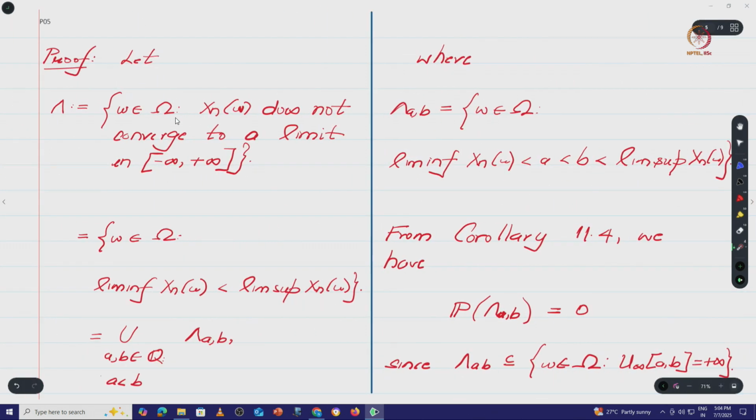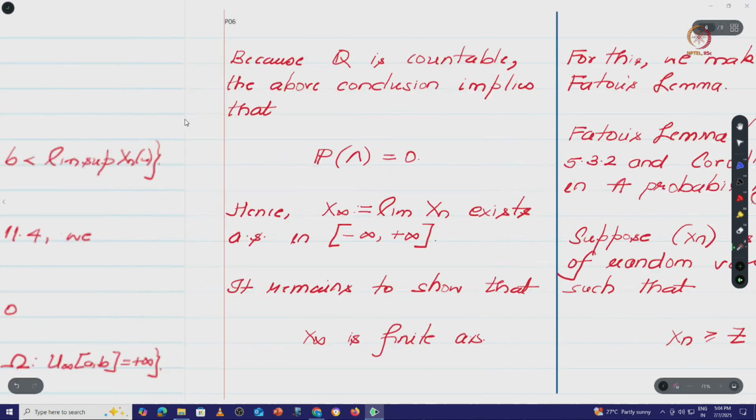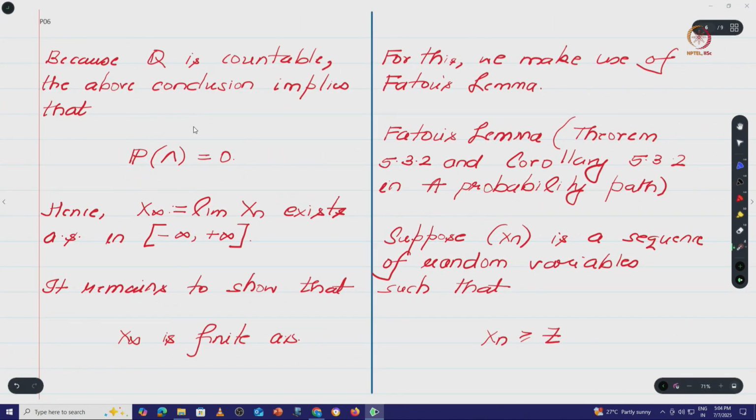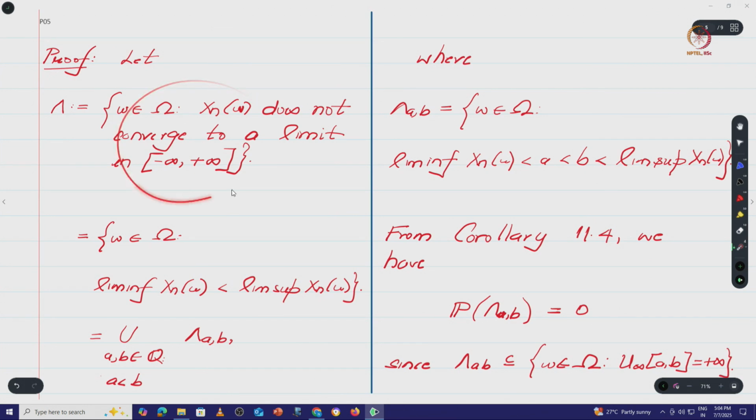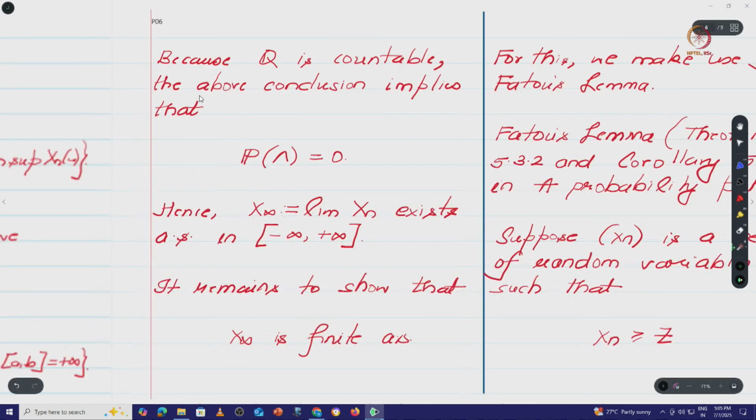So what is Lambda? Lambda is the set of all omegas where the sequence x_n does not have a limit, and what we have managed to show is that the probability of Lambda is 0. This means that this event has 0 probability, and hence the complement of this event, which says that the limit exists, has probability 1.